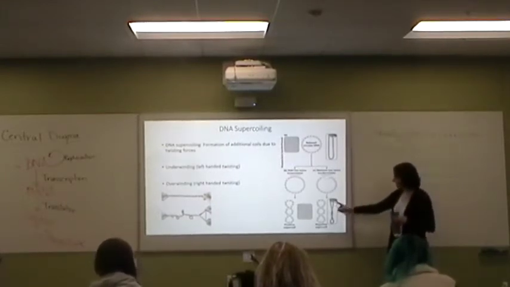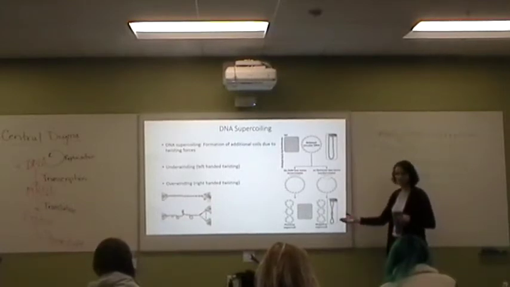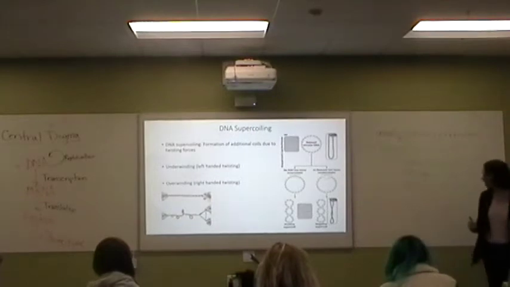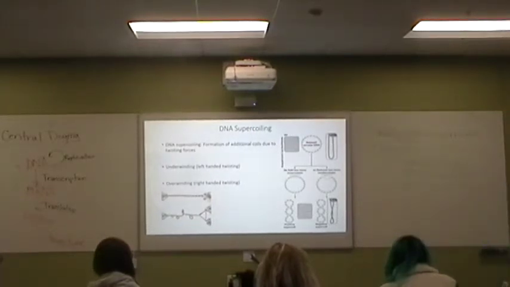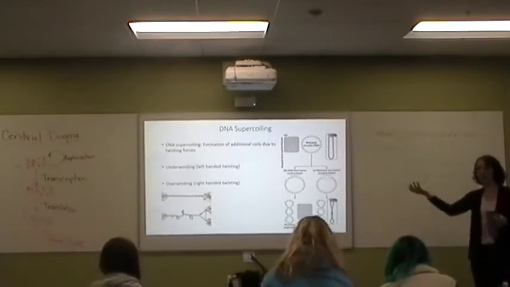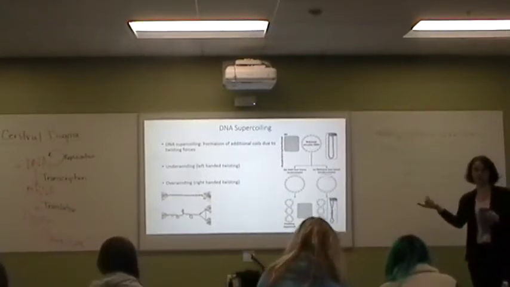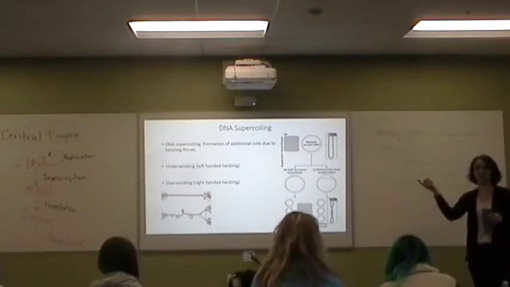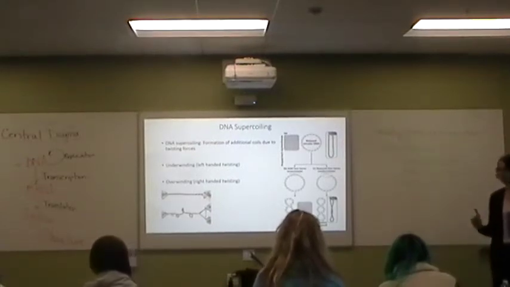But yeah, this would be an example of supercoiling, where that twists around itself naturally. We can twist DNA in two ways. We can twist it in the direction it's already twisting, so we can add another right-hand turn to it. Or we can untwist it, or twist it in the opposite way that it's already twisted, to the left.